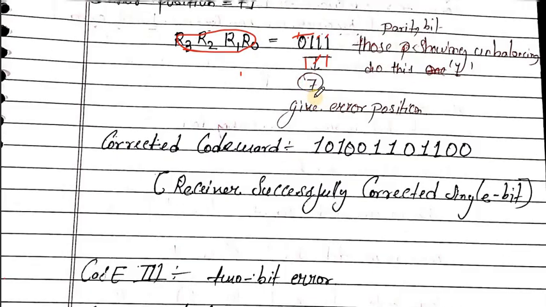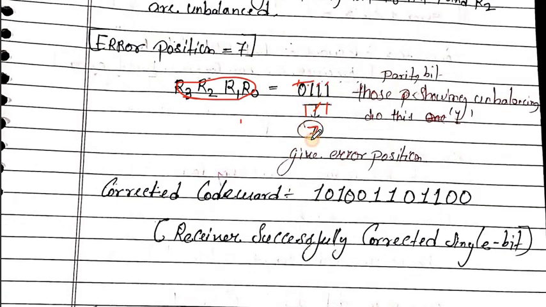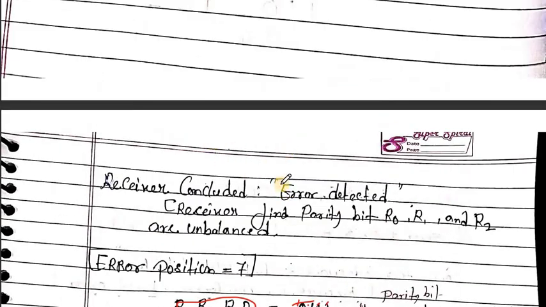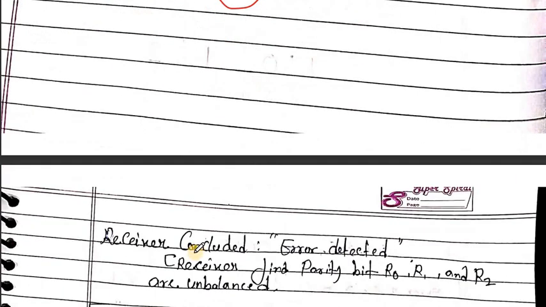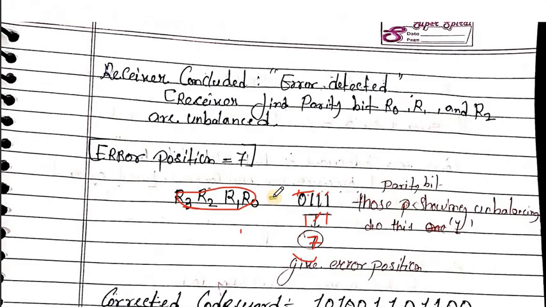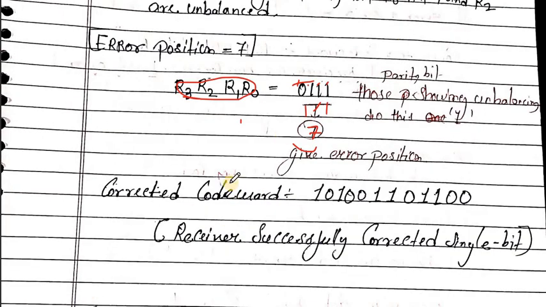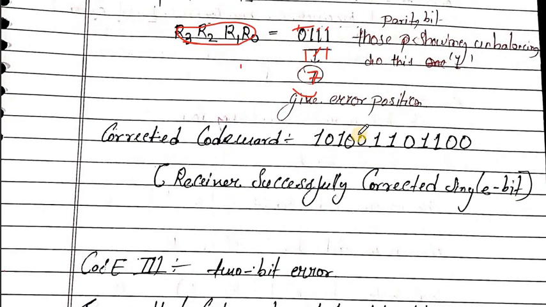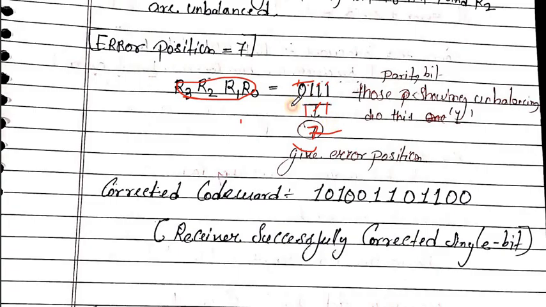From these parity bits, it will create a string which is 7, meaning the bit at the 7th place is corrupted. So the receiver of the Hamming code will change the bit at the 7th place.